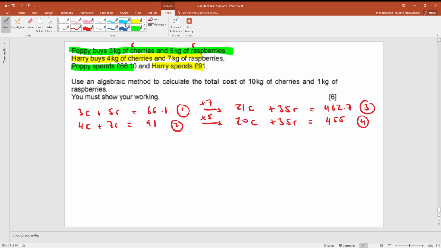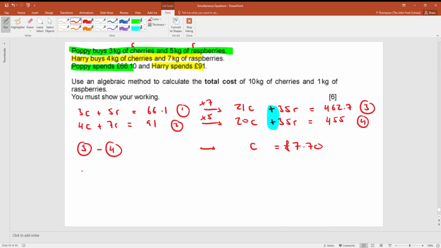Again, same signs subtract, see? And again, because 21 is bigger than 20, I will do equation 3, take away equation 4 this time. And 21 take away 20 is just 1. So you're going to get 1C, or just C, gives you 7.7. Okay, remember though, because this is money, £7.70 for 1 kilo of cherries.